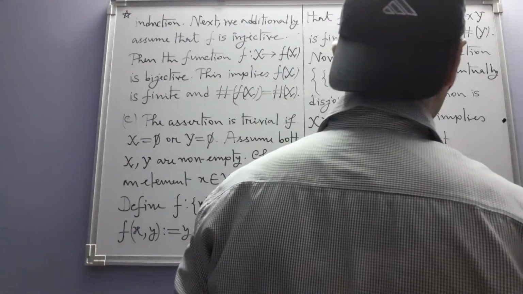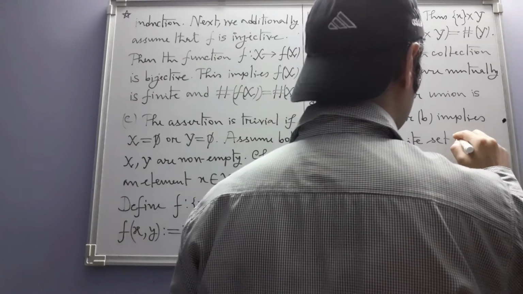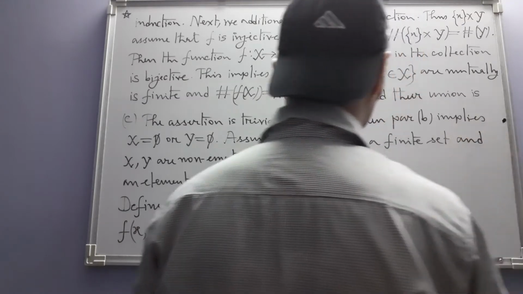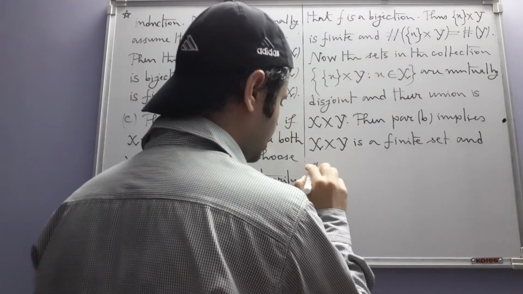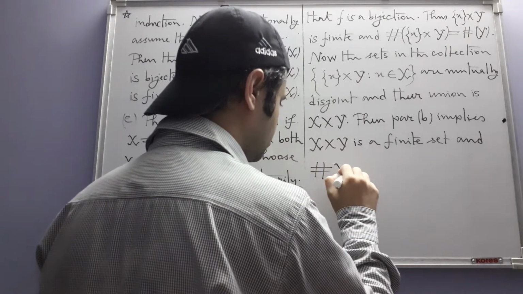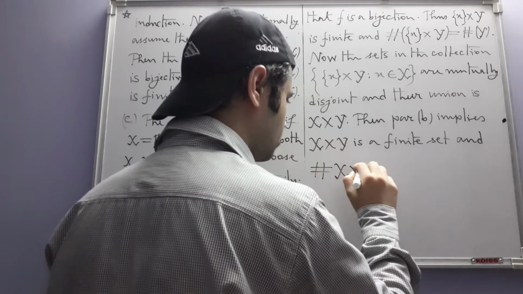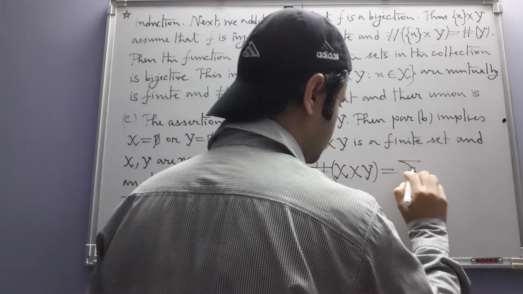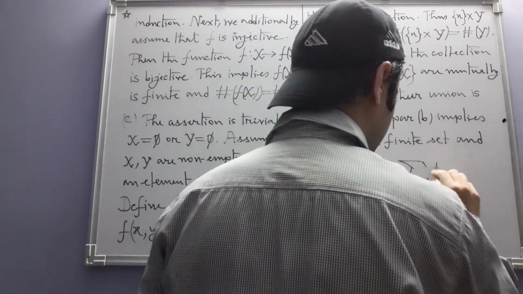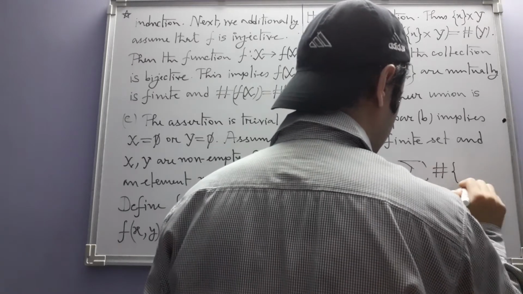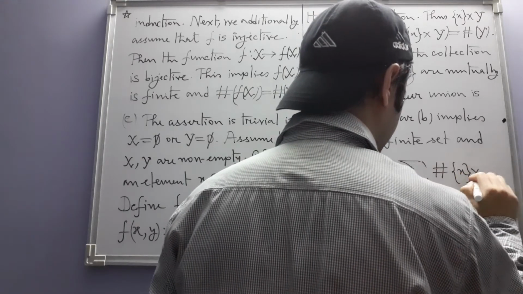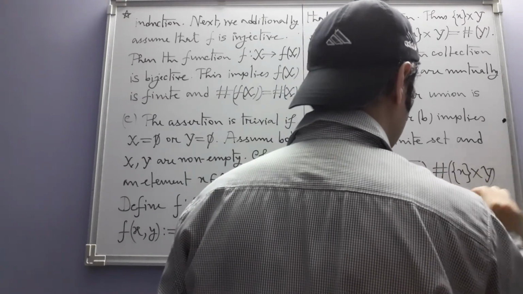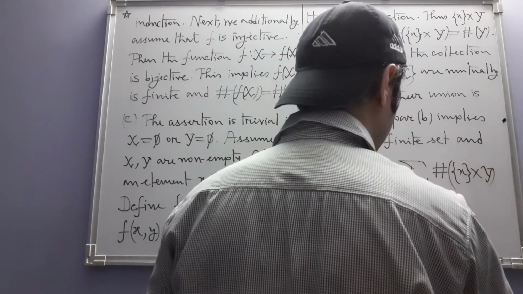Okay, so this is a finite set and its cardinality is the sum of the cardinalities of the individual sets that look like this, where x varies over x.